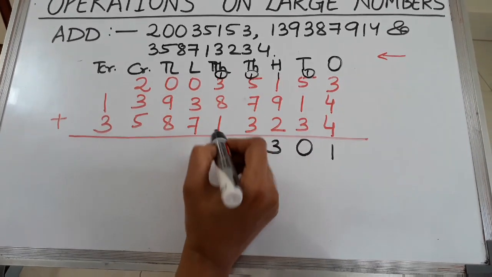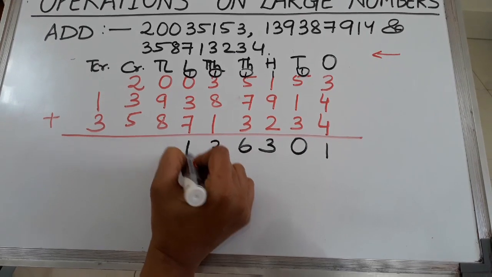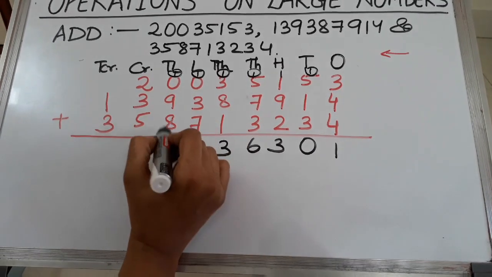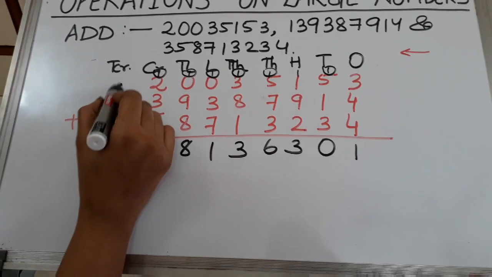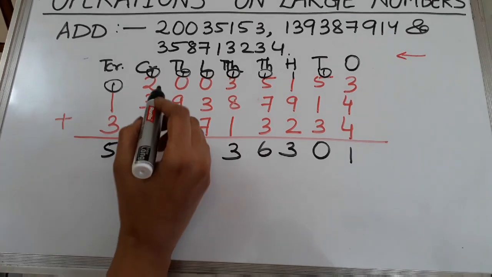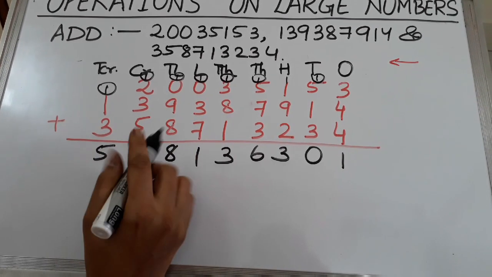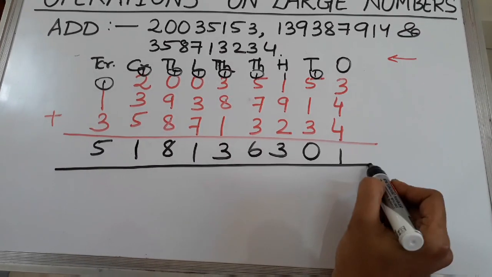Again this is 12, 13. Again this is 4. 4 plus 7, 11. 10, 18. 5 plus 5, 10. 1. Here 5. So this is the answer here.